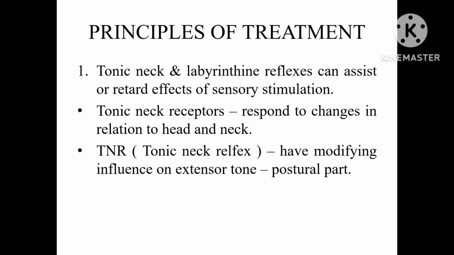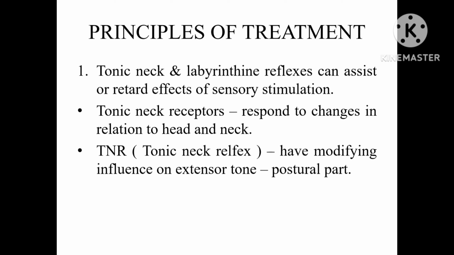First we will learn about the tonic neck reflex. Whenever the tonic neck reflex is there, it will change the motor response on the basis of the position of the head. So the tonic neck reflex will have a modifying influence on how the extensors or the postural flexor muscles are activated, and based on that the postural output will be decided.